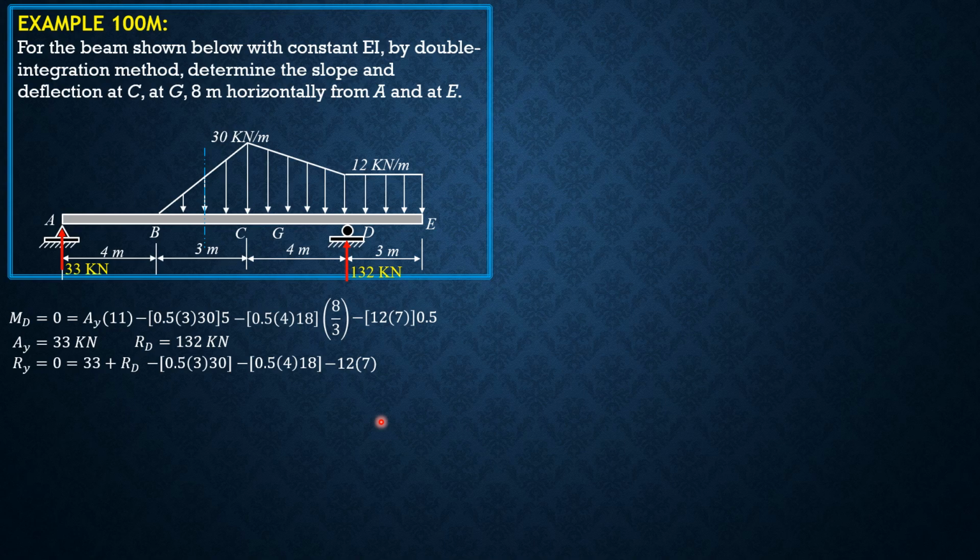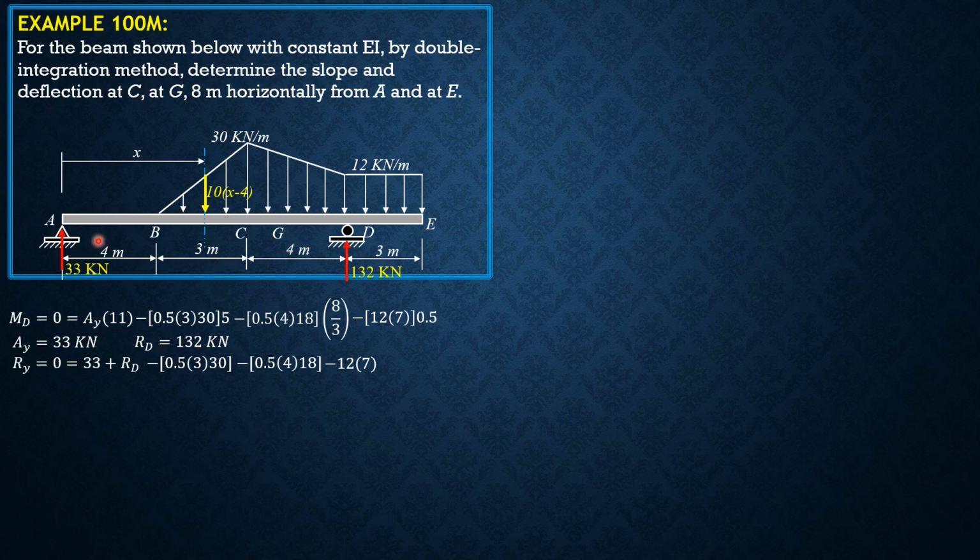For the portion AC, let's call that X, then the intensity of this loading W, represented by that yellow intensity. So W over X minus 4 equals 30 over 3. 30 over 3 is 10, so 10 times X minus 4. So that intensity is 10 times X minus 4.